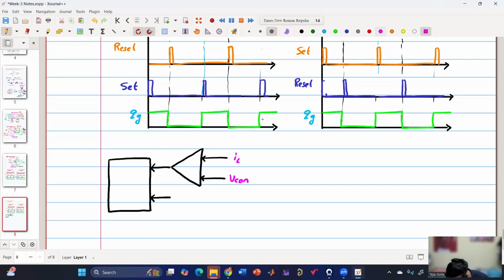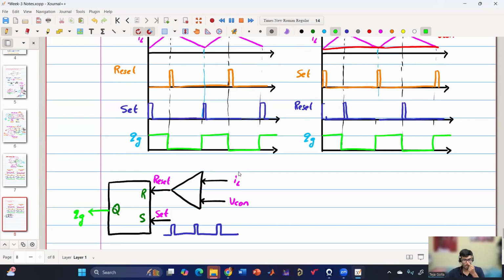So this is reset, and this is set. And the set pulse is what? It's a fixed frequency switching clock. And then the output Q. This is R, S, and this is Q. So this is how we'll draw.